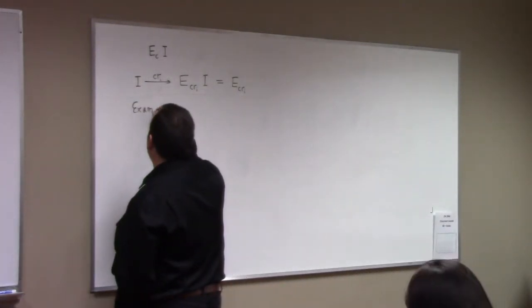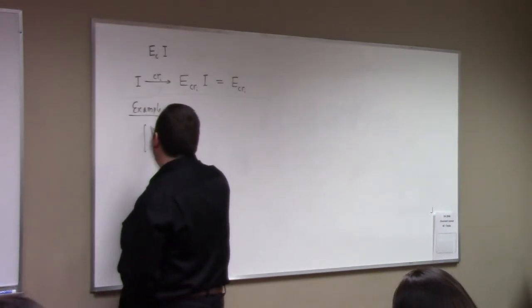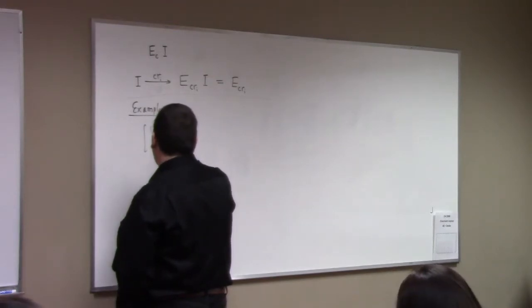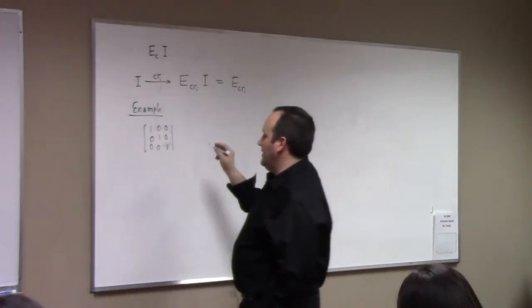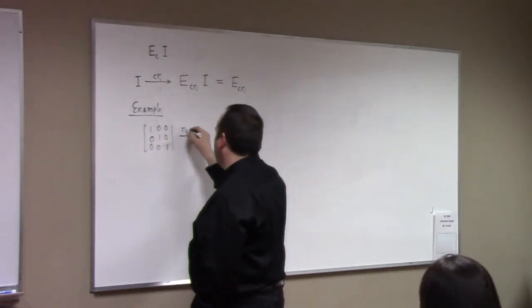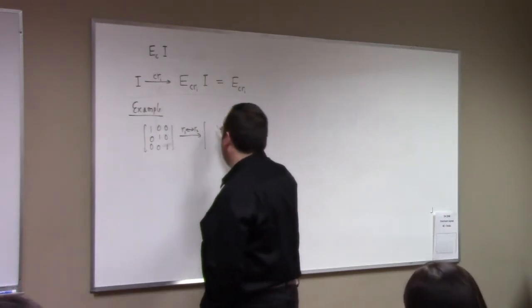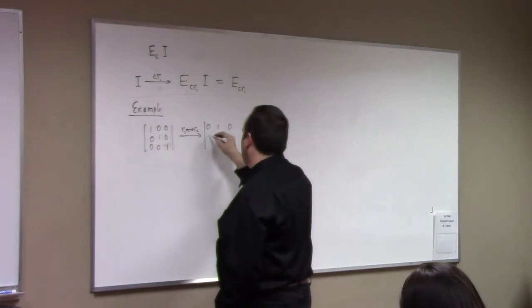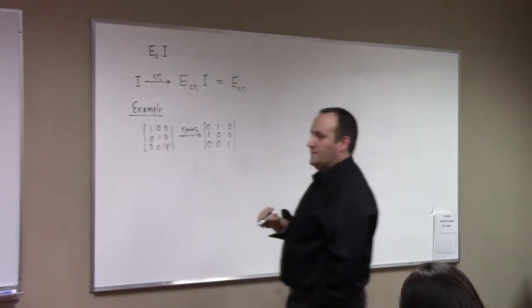I know that those are just words to you at the moment. Here, how about this? If I take the 3 by 3 identity matrix, and we do row 1 swap row 2, what's that do for us? We get that.